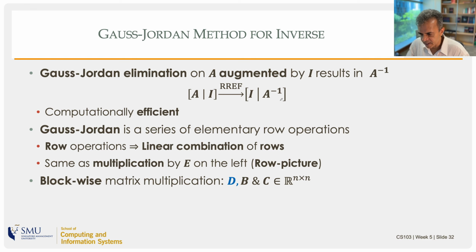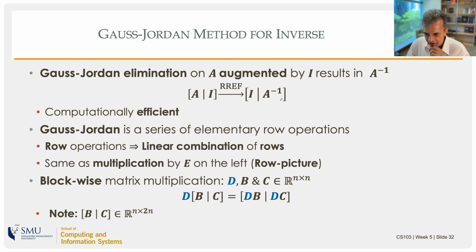So what I can say is this. If you have three matrices D, B, and C, all of which are square, I can say that D times [B | C], meaning B and C standing side by side, is the same as [DB | DC]. So this is a block multiplication picture, and this will come in handy for our proof.